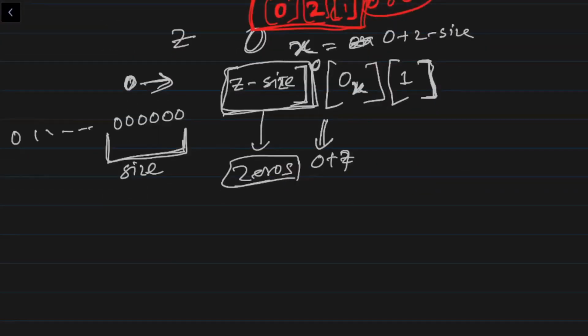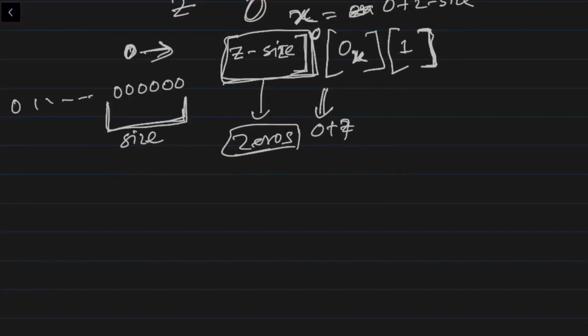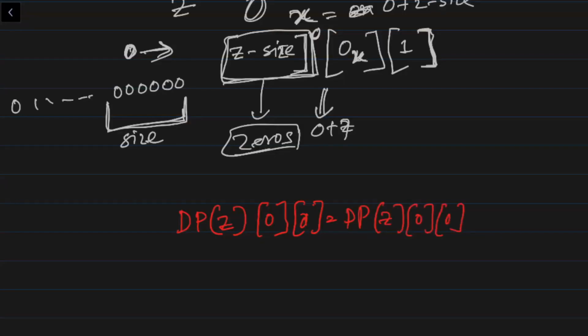So for any length which is greater than the limit, if the array is ending with 0, then dp of z, o, ending with 0 is equal to dp of z, o, 0, minus dp of z minus limit minus 1.